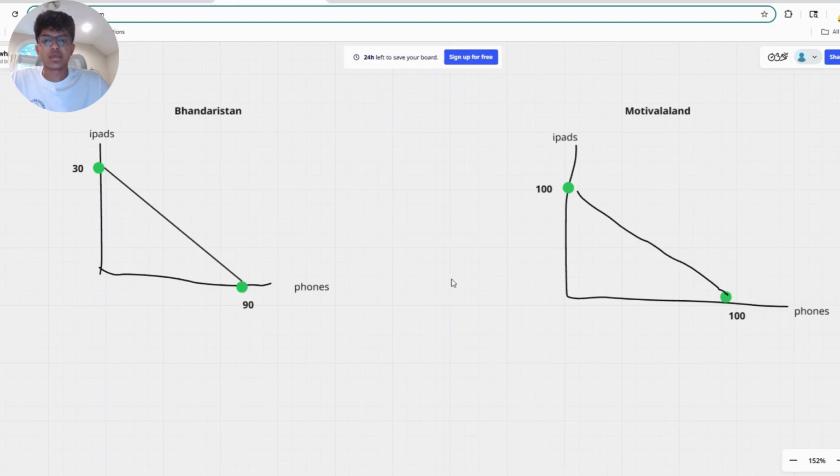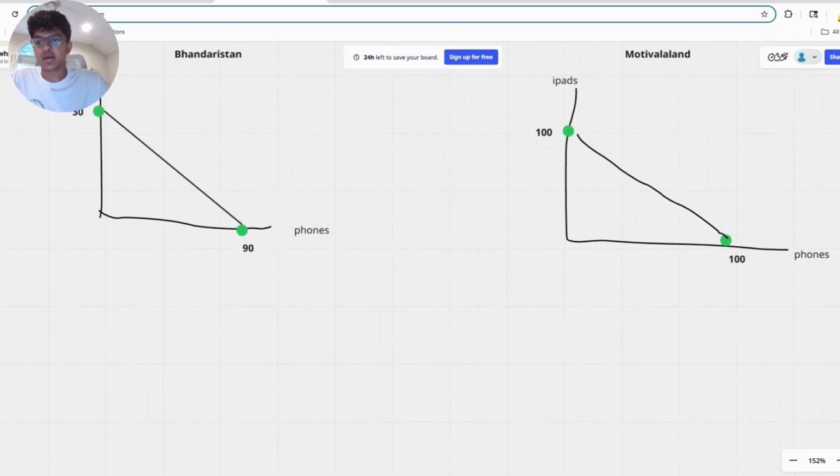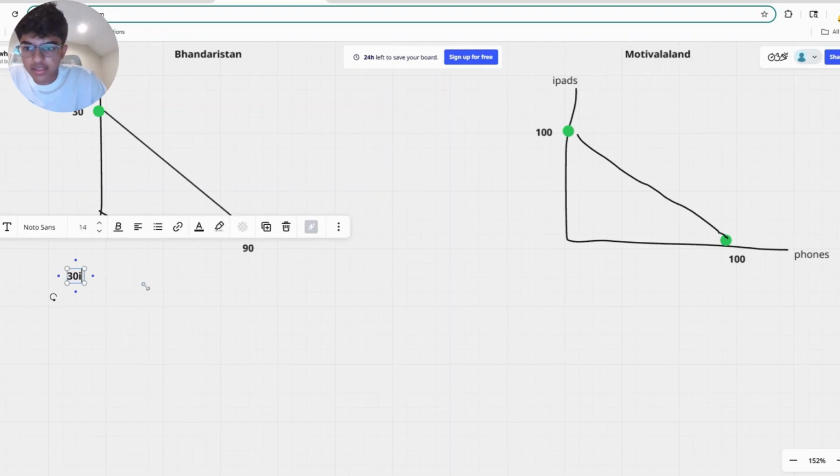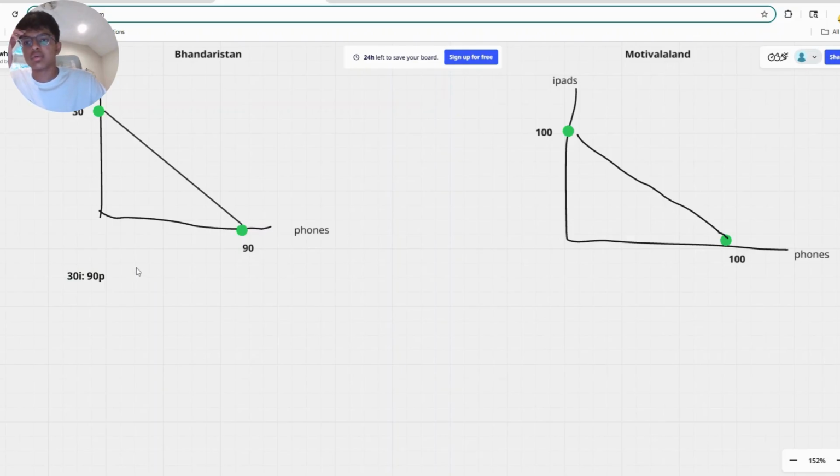Okay. Now what we're going to do is calculate the opportunity costs. So in Bandaristan, you can produce, actually I'll do this with a text box, 30 iPads or 90 phones, right? So what is the opportunity cost of, and remember, this is constant opportunity cost. That's how it's always going to be on these trade terms questions.